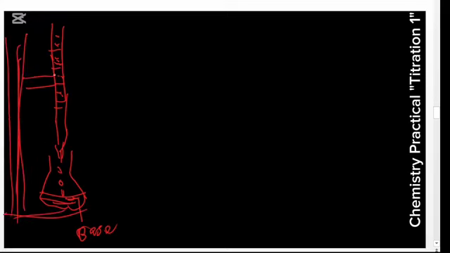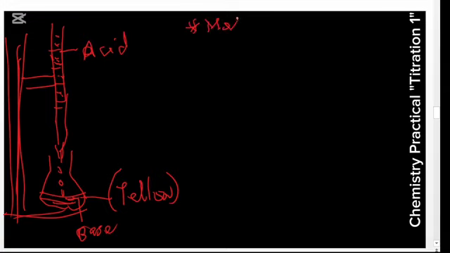Now here we have our acid and here we have the base. Now when you begin your titration, this one was yellow, because we are using, let's say, methyl orange as indicator. So the color was originally yellow.